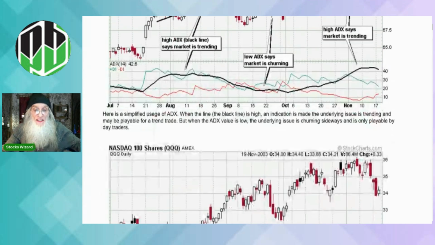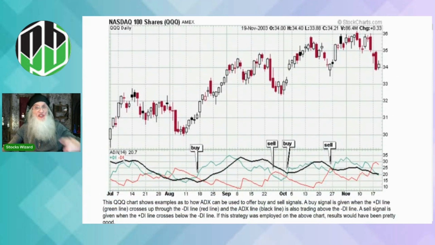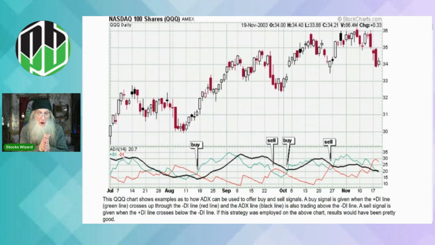Let's move on to the next piece of information, and this is key. I love this one, folks. We are now using our positive and negative DMs, our directional movement indicators. When you have a crossover, when the green line is underneath the red and crosses over and makes that X, we got an X right there.